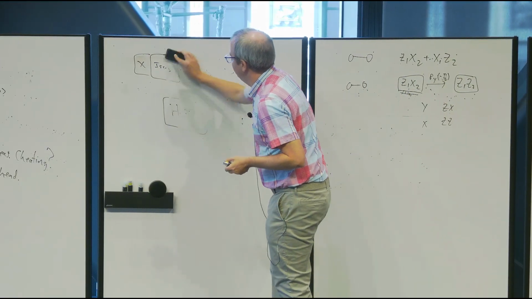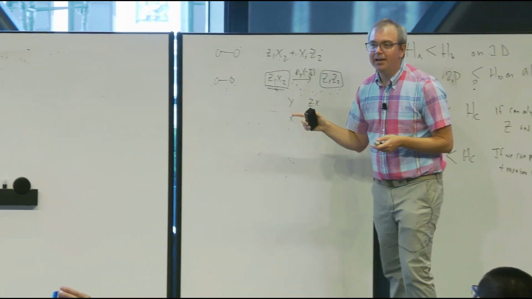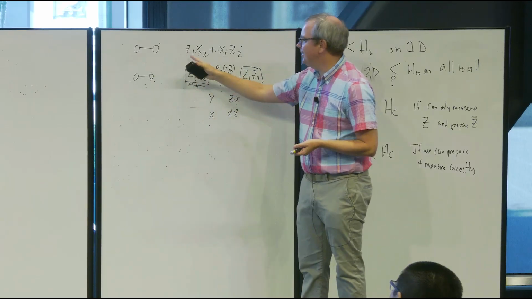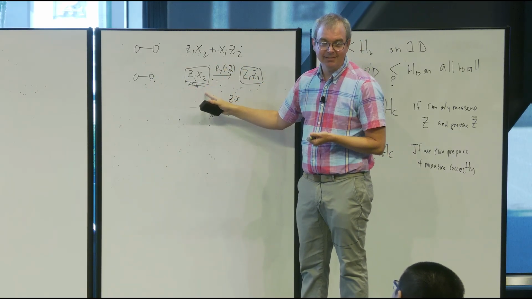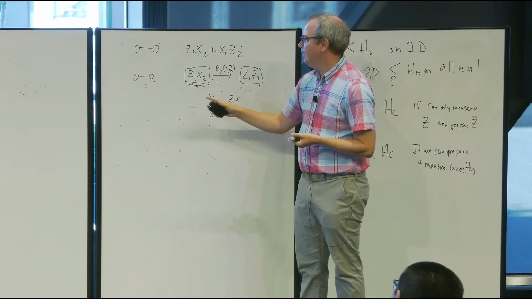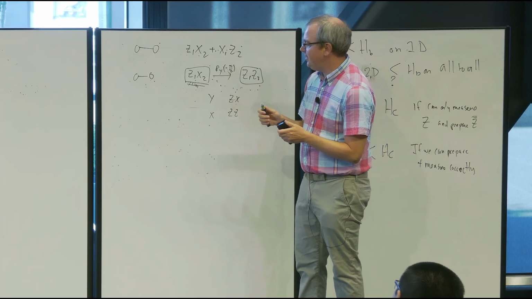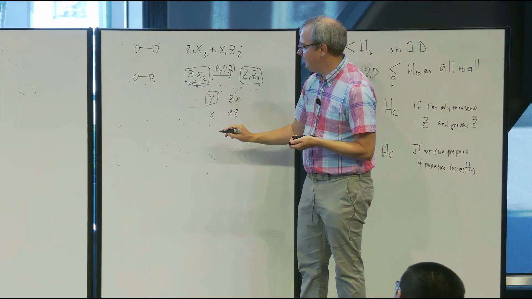Okay, so in my Hamiltonian I wrote there's an ambiguity of whether this bond means zx plus xz or if it just means zx. If it just means zx, then we have this property that I can do y pulses.